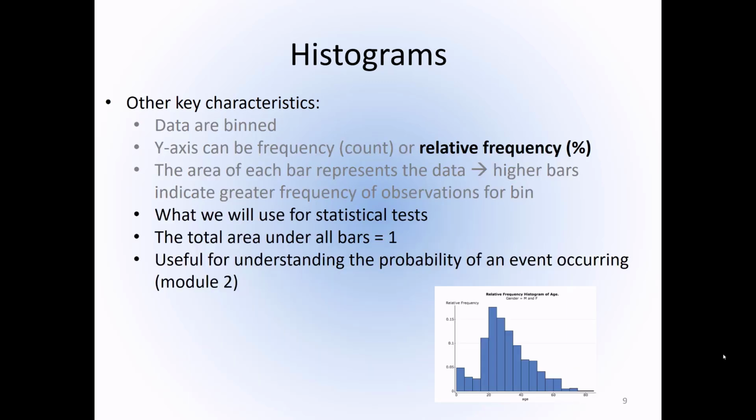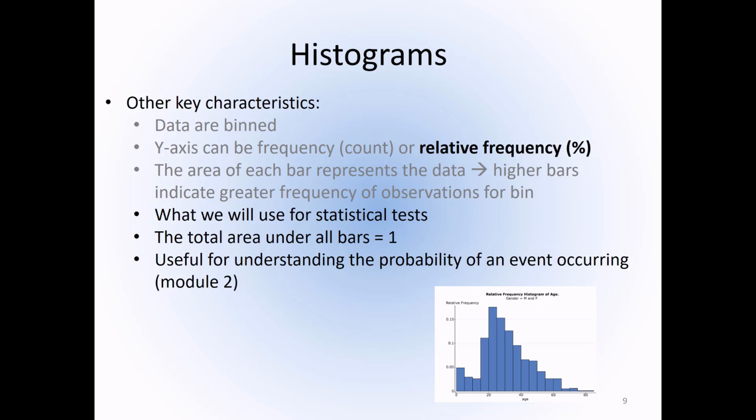So in our graph down here in the bottom right, rather than having count data, we have percent data. So this is the relative frequency. And for our statistical tests, this is what we're going to rely upon in order to check our assumptions and also to display our data for the most part. The reason for this is that when we display our data as relative frequency, the total area under all the bars adds up to 1.